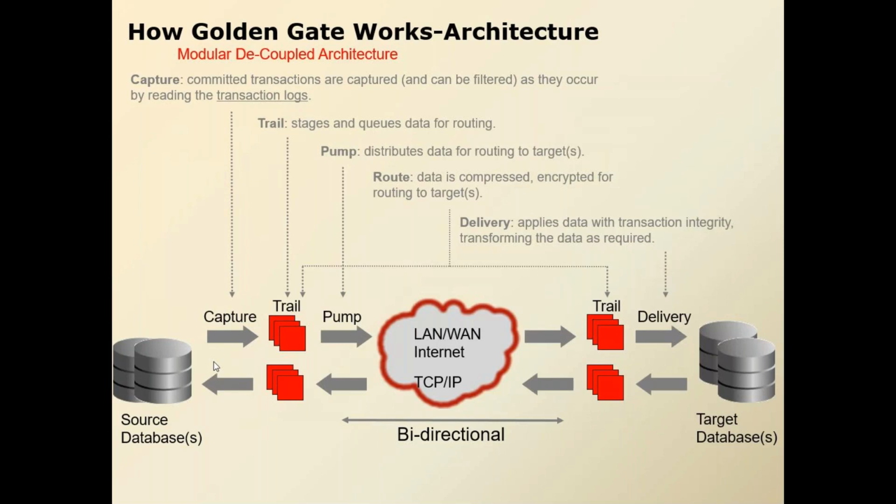Your capture process configured on site B will read the data from transaction logs. Remember, guys, the capture process only captures the committed transactions. Hence, the local trail file will always have only committed transactions.